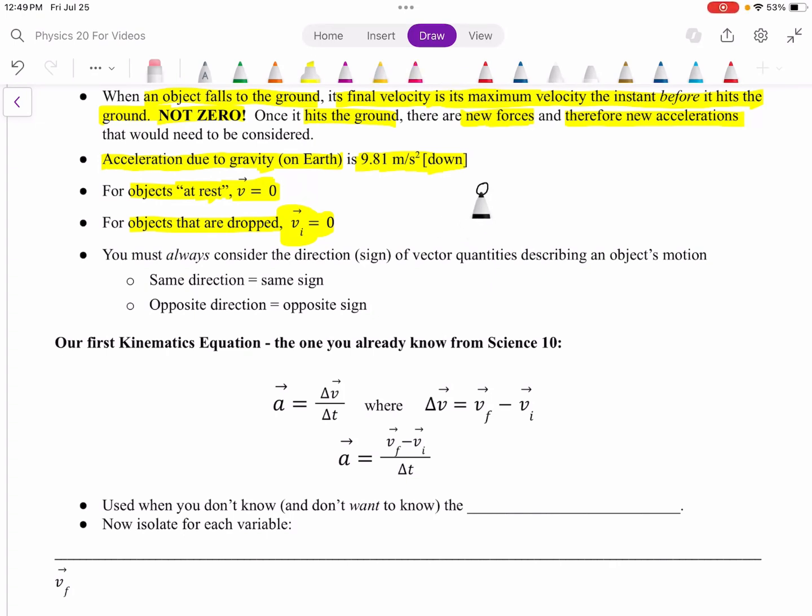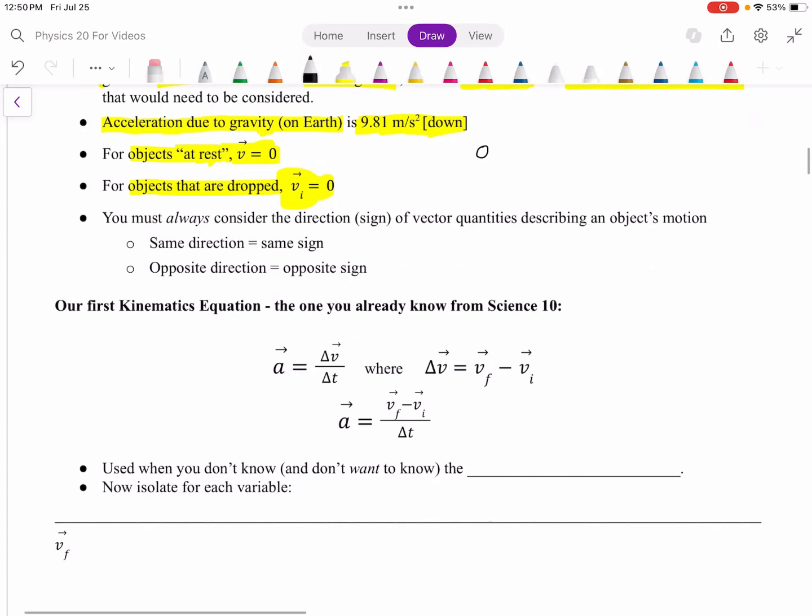Because when you drop something, if you drop a ball, at first it's not moving, okay? 1 nanosecond later it will be because it's accelerating downwards, right? But at first it's not moving, okay? Every second its velocity will change by 9.81 meters per second in the downward direction. So, 1 second later it'll be moving at 9.81 meters per second down. 2 seconds later it'll be moving at twice as fast down, okay? But at first it's not moving for any object that is dropped, okay?